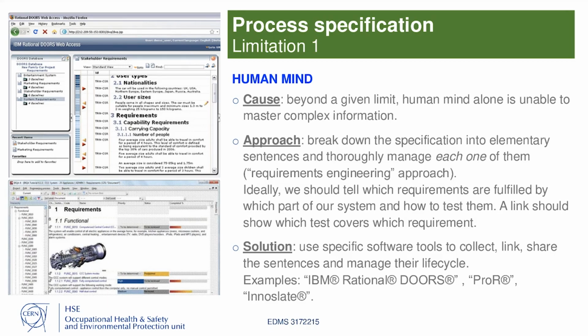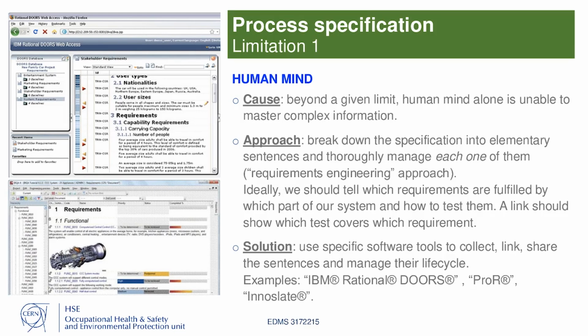So we need to break down the specification, the text documents, into elementary sentences, and thoroughly manage each sentence one by one, which is the requirements engineering approach. In this sense, you are helped by software tools like IBM Rational DOORS, ProR, and personally, I tried Innoslate.